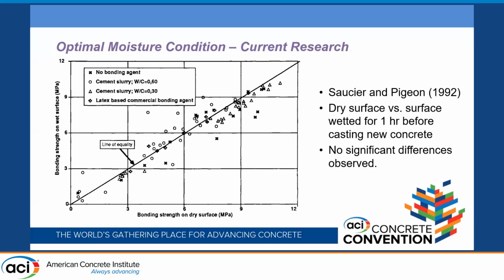Saucier and Pigeon published an article, I think titled Durability of New to Old Concrete Bonding, in the ACI Special Publication back in 1992. Here is a figure of bond strength tests over 87 pairs, with repair material placed on the dry surface and also on a surface that was wet for an hour.